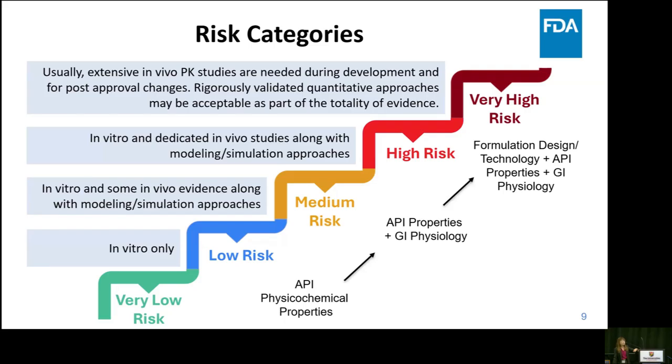And then for high risk products, we're looking more for IVIVC, IVIVR, coupled with some of the modeling simulation approaches. The in vivo evidence may come from the dedicated in vivo PK studies. So this is the overall of this framework.